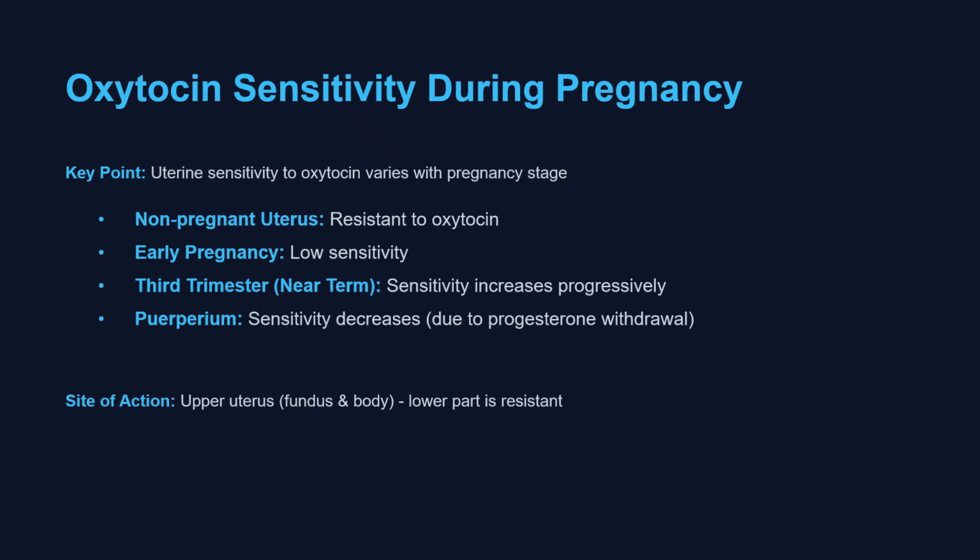Oxytocin sensitivity. This is an important key point. During pregnancy, it should be used only for pregnancy. The non-pregnant uterus is resistant. In simple words, you want to know it is oxytocin resistant.